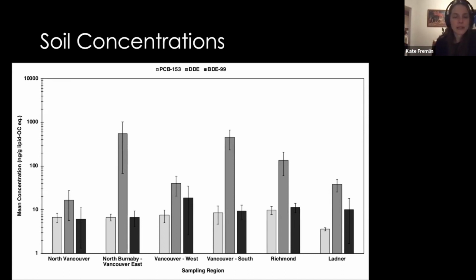But I would probably suspect that the contaminant levels of flame retardants, like the BDE 99 here, or polychlorinated biphenyls like PCB, would probably be fairly similar to what we saw in the rest of Metro Vancouver. But I would suspect pesticides might be a bit higher out in the Fraser Valley, and hence probably a little bit higher than samples that I collected in Metro Van.